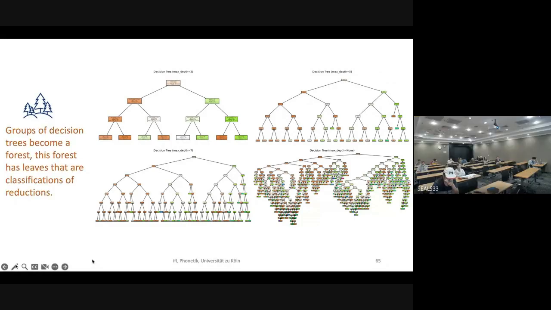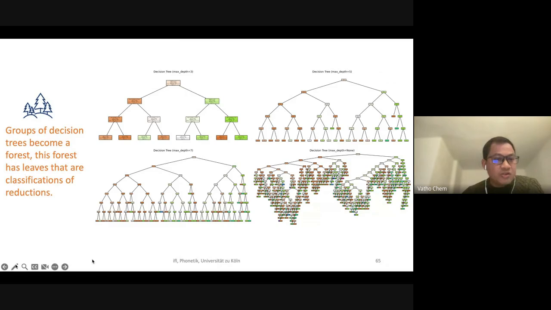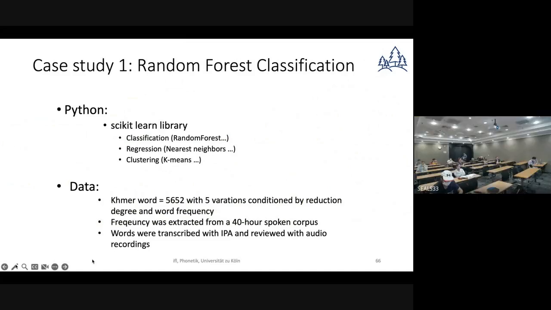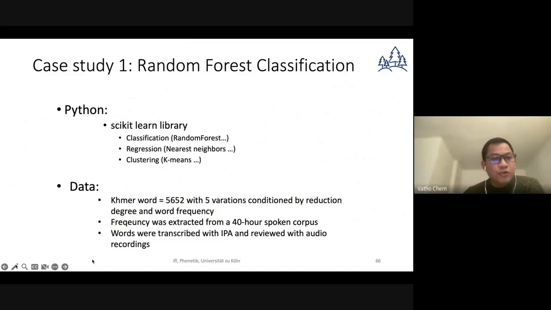So this is the decision tree for random forest, as you can see, and this is the way that we are clustering the data. So we use the scikit-learn library, and we use random forest for the clustering.